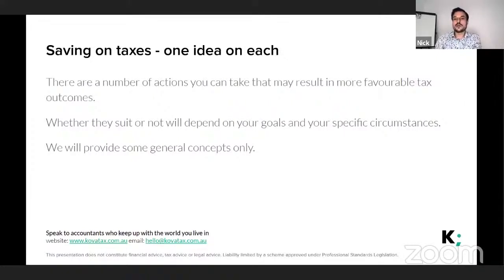So these are three common strategies. We're going to do one idea on each. Hopefully some of them you may even be able to apply to your situation. You really need to review that and understand how applicable it is for you, keeping in mind that these are general concepts.